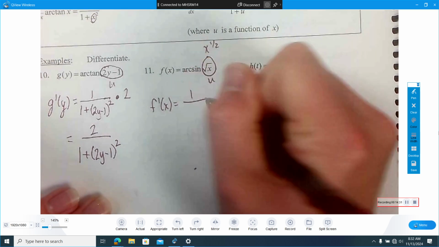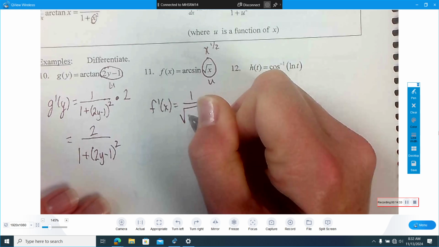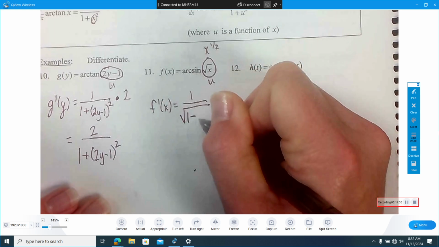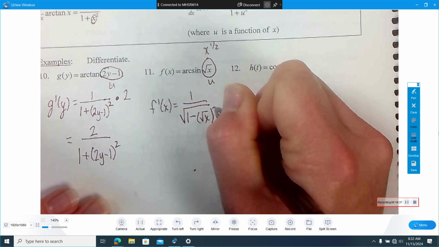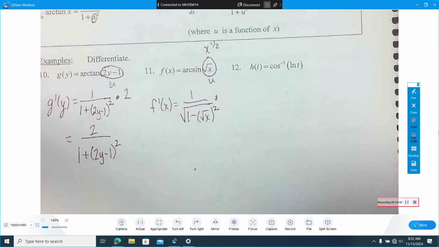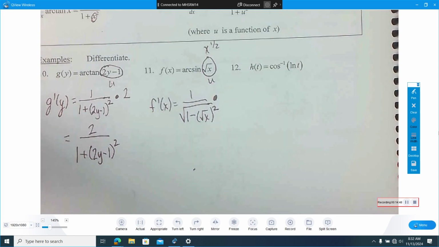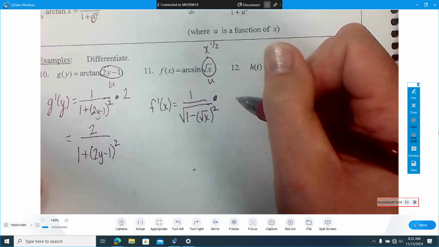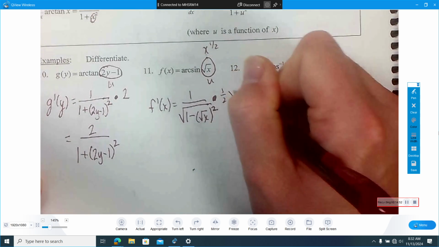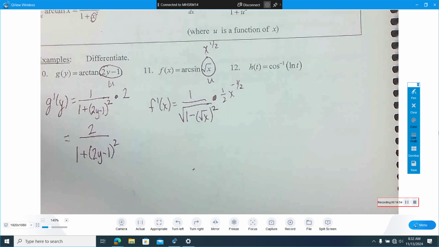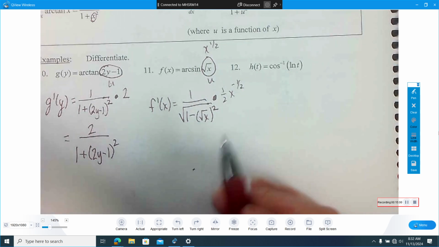So this is 1 over the square root of 1 minus u squared, times the derivative of u. What's the derivative of x to the 1/2? 1/2 x to the negative 1/2, yeah? Good on that? Okay.